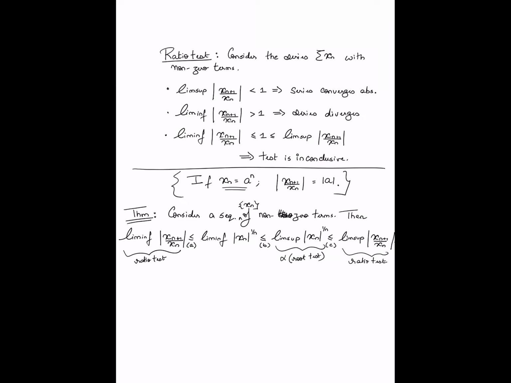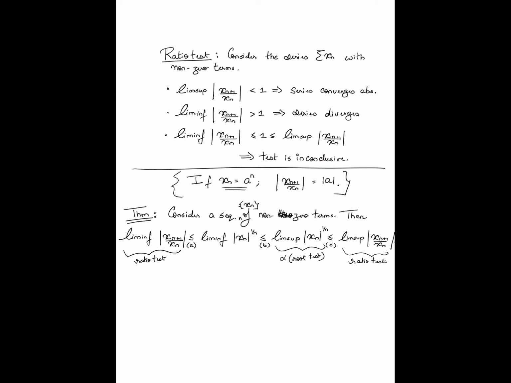Before we get into the proof of this theorem itself, I want to convince you that once this theorem is proved, the statement of the ratio test is proved for free. Now why is that? Let's look at the first statement of the ratio test.